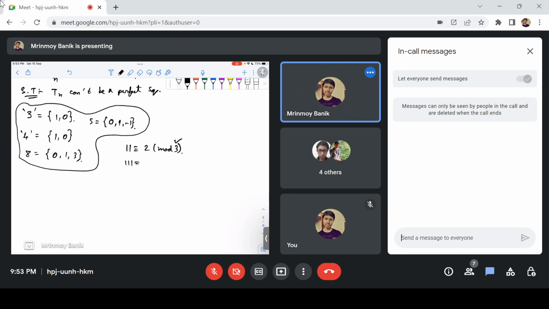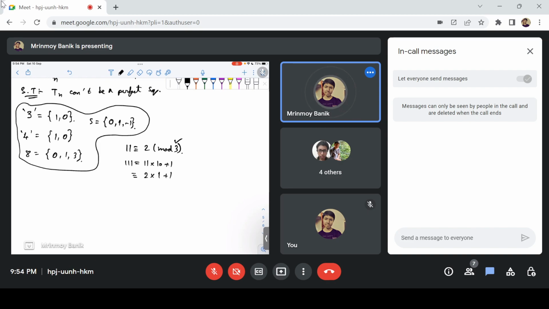Let's continue. So 111 is like 11 times 10 plus 1, and 11 is congruent to 2 modulo 3, and 10 is congruent to 1 modulo 3.